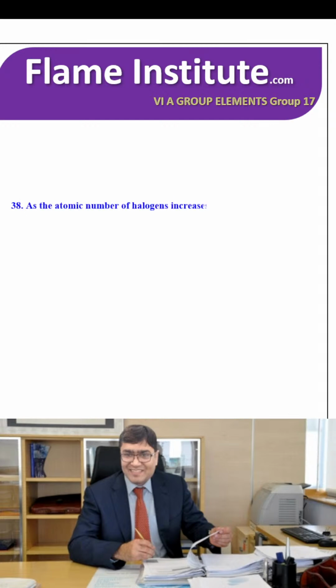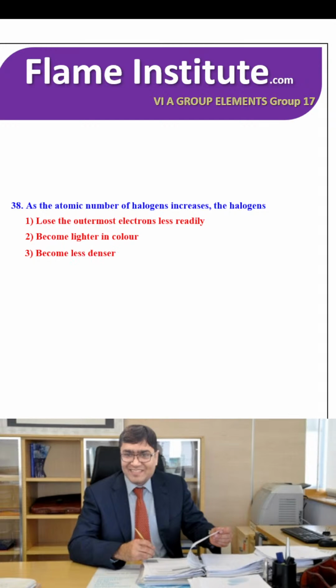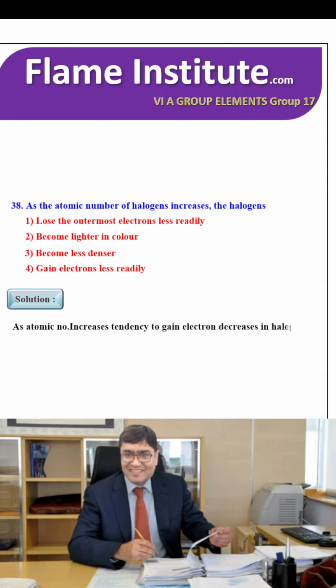As the atomic number of halogens increases, the halogens lose the outermost electron less readily, become lighter in color, become less dense, or gain electrons less readily. The solution is that as atomic number increases, the tendency to gain electrons decreases in halogens. So the fourth option, gain electrons less readily, is the right option.